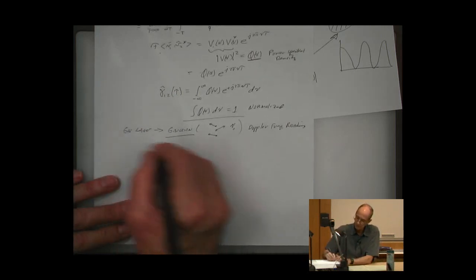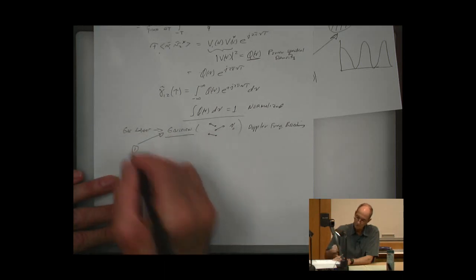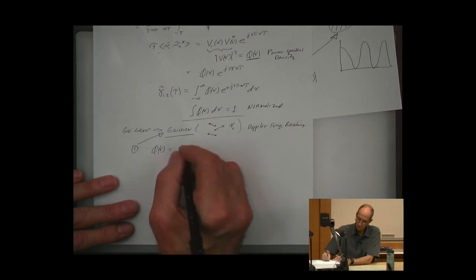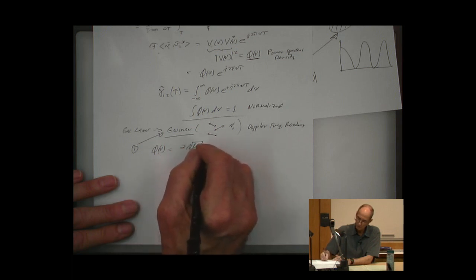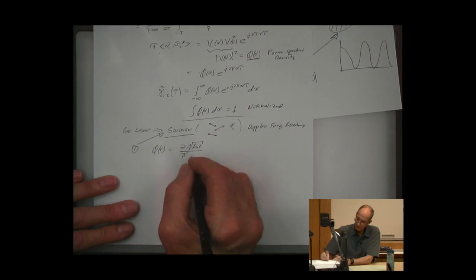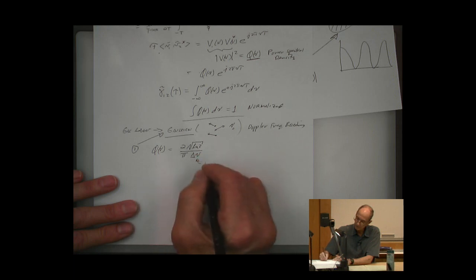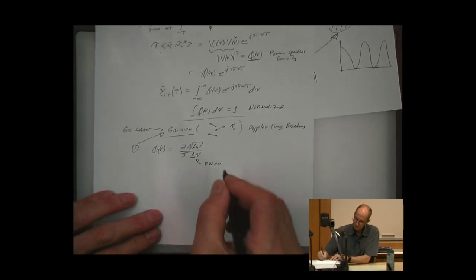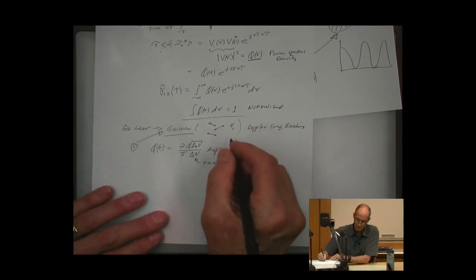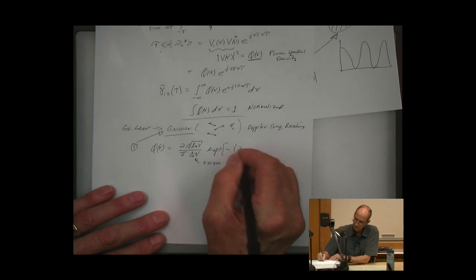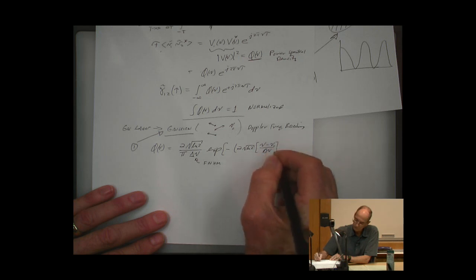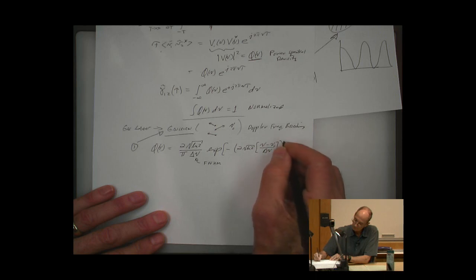And so for the Gaussian, call that our source 1 here, we have a power spectral density phi of nu that's equal to 2 times the square root of ln of 2, there are just some constants out here, divided by pi, and also divided by delta nu, the full width half maximum frequency width for that Gaussian, times the functional form, the exponential of minus 2 square root of ln 2, all that under the radical, times nu minus nu 0 over delta nu, squared.